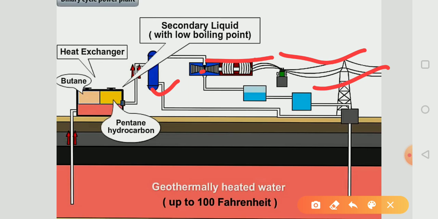This is the transformer, and by this we can reject the waste vapor to the well. This is the condenser set.